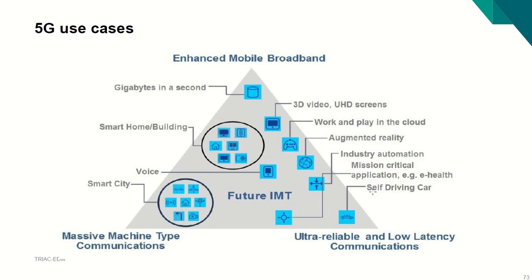Automatic self-driving has been under development for quite a while and is going to be realized in the next few years. Okay, so here is enhanced mobile broadband and then machine type communications and ultra reliable and low latency communications. So it wants us to do reliable and low latency applications. That's sort of a future prospect for 5G and future wireless communications.